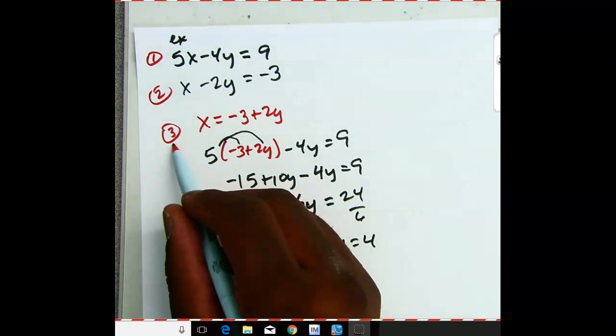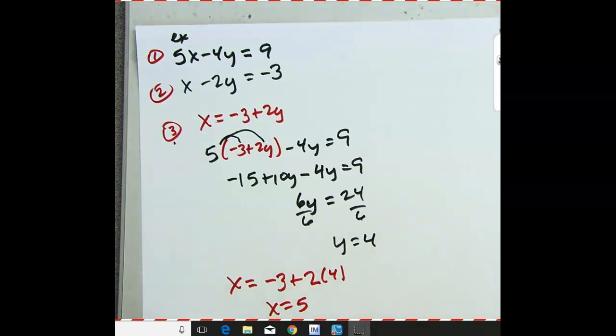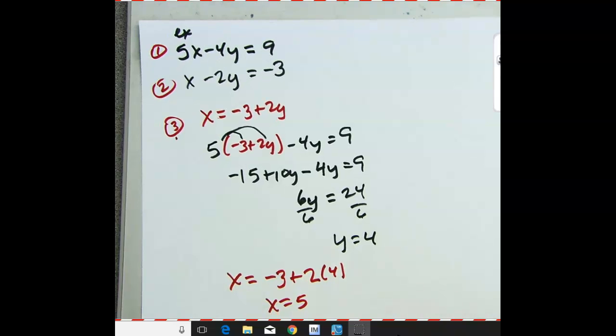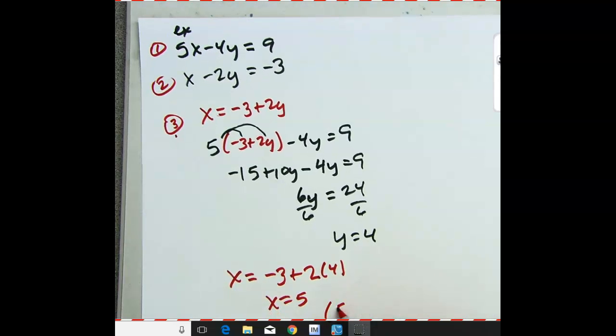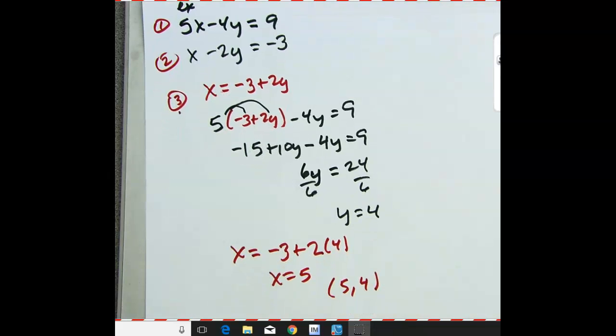So if we use equation 3, now we have x is equal to negative 3 plus 2 times 4, and 8 minus 3 is 5, so x is equal to 5. So your solution set is 5, 4. So that's the ordered pair where those two graphs intersect, if we were to graph them, and that's the solution set there.